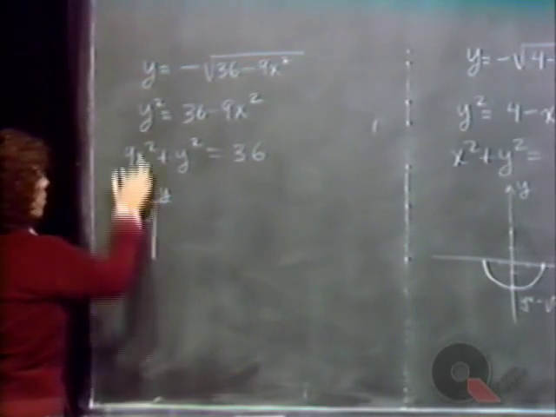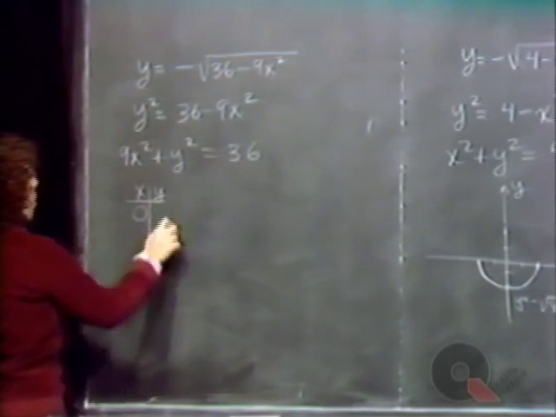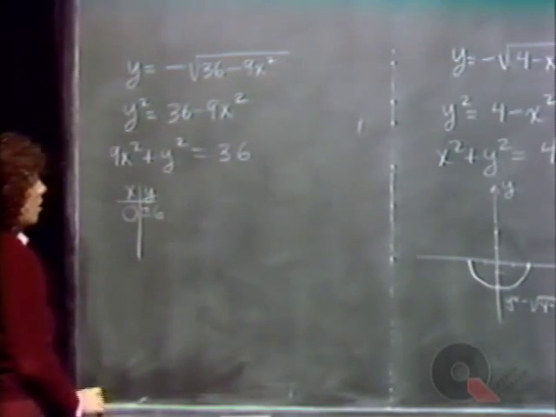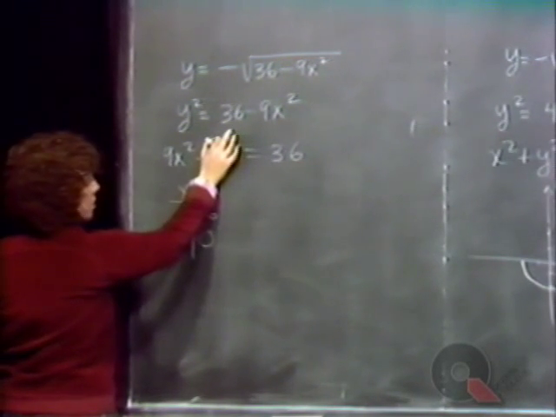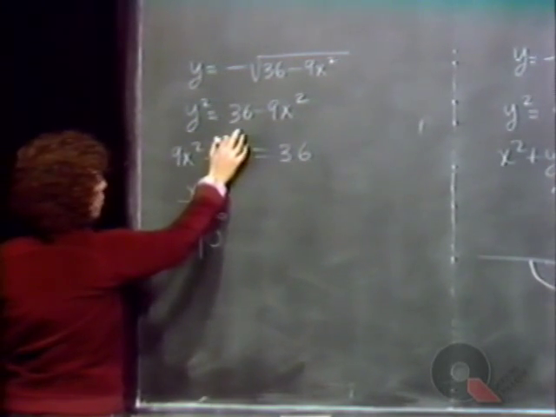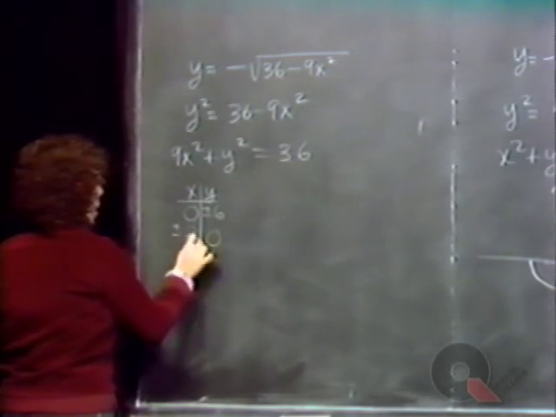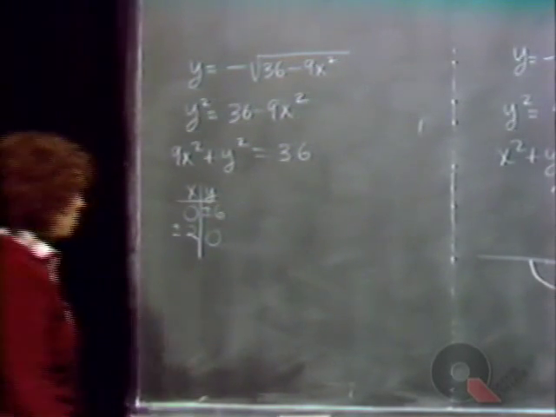If x is 0, y squared is 36, y is plus or minus 6. If y is 0, 9x squared is 36, x squared is 4, x is plus or minus 2.